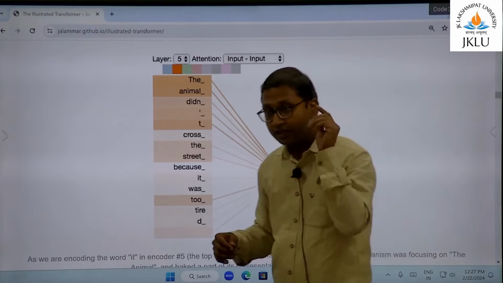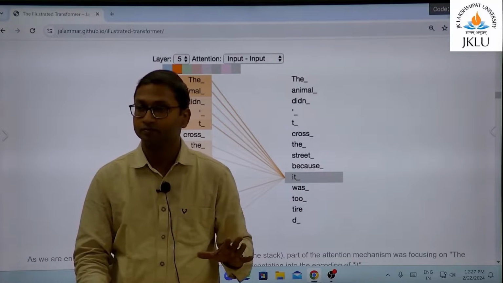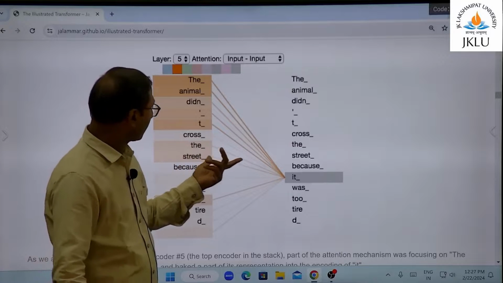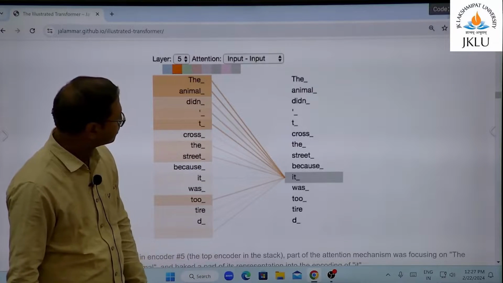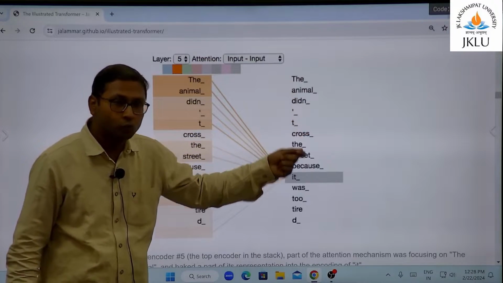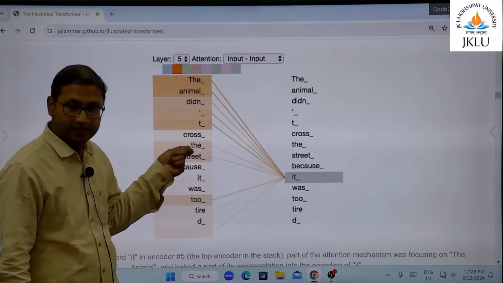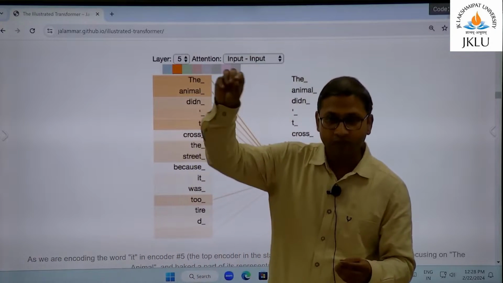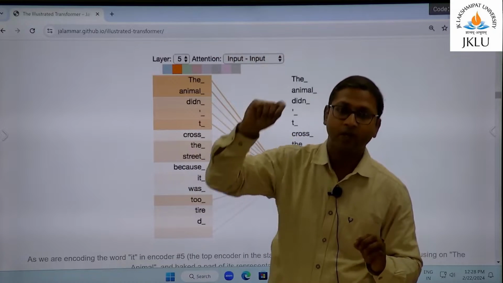So attentions, they are really the holy grail of deep learning these days. And what else? Maybe you can make a sentence in which you have two it's, one refers to this and another one refers to the street, and even in that case it turns out that the system will be able to relate it to the right noun.